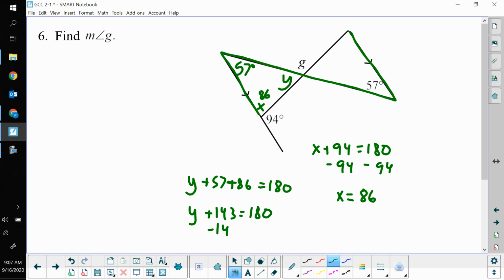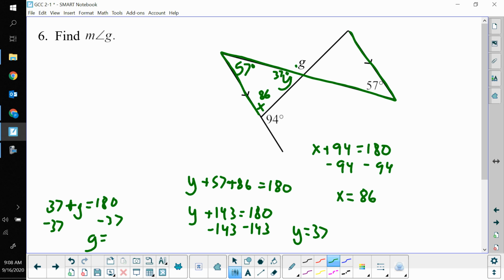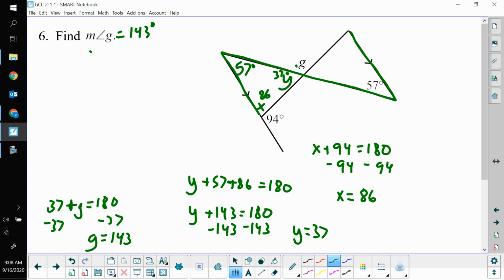We can subtract the 143 over, and we'll get y is 37. And then these are just angles on a line, so they should add to 180. So 37 plus g should equal 180. So subtract the 37 over, and we get g is just equal to 143. So we've got that g is equal to 143 degrees.